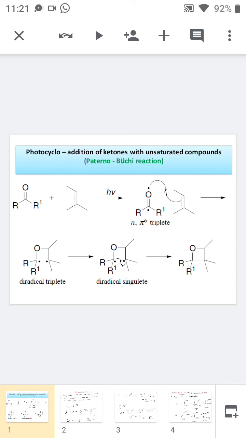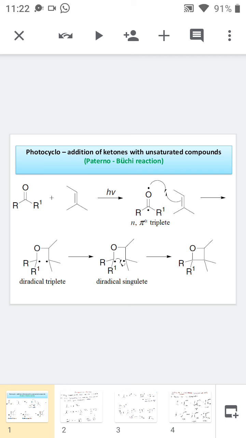Then during this time, the alkene also undergoes homolytic cleavage of the pi electrons and forms two radicals. One is a secondary radical and the other one is a tertiary radical. We know the stability order of the radicals, that is tertiary greater than secondary. First of all, we have to stabilize the most reactive radical.